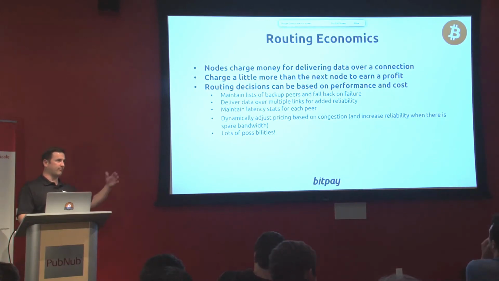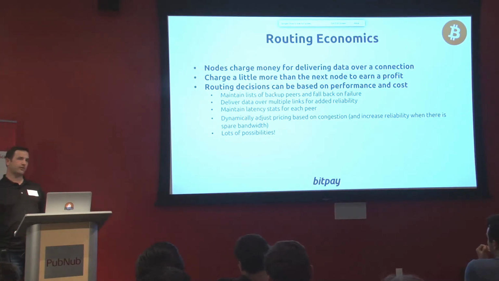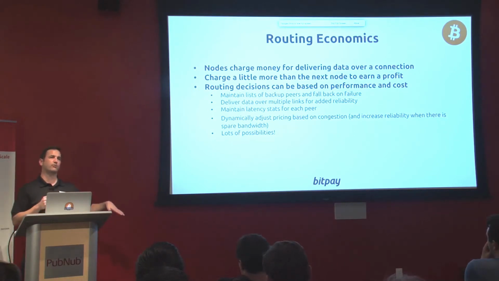You could potentially have multiple links on a connection, like I mentioned, and have redundancy, so you can not just send data on one connection, but also send it on multiple connections for extra guarantees about delivery. You can maintain latency stats about each peer, so that when I do get a connection request, I try the ones that are most likely to find a connection before I try the ones that I think are unlikely to find a connection.